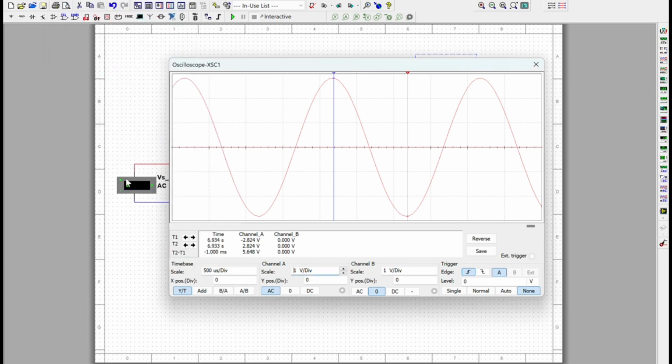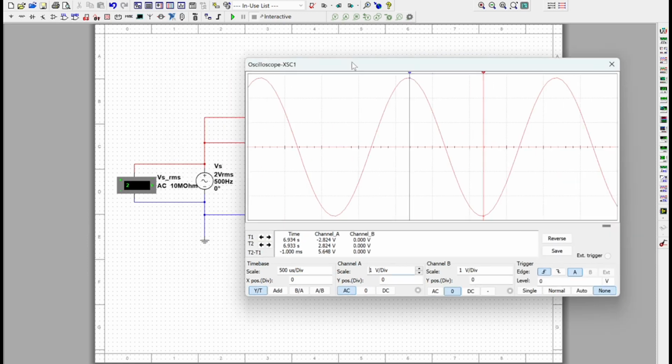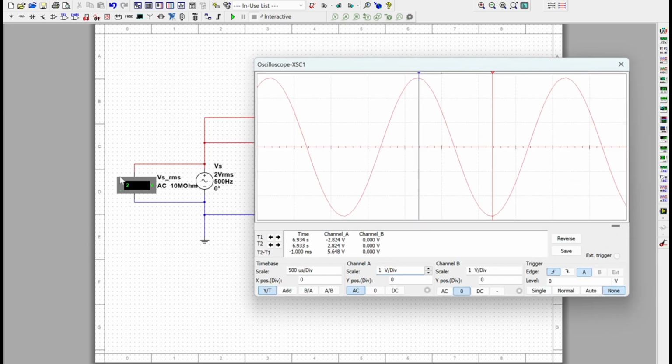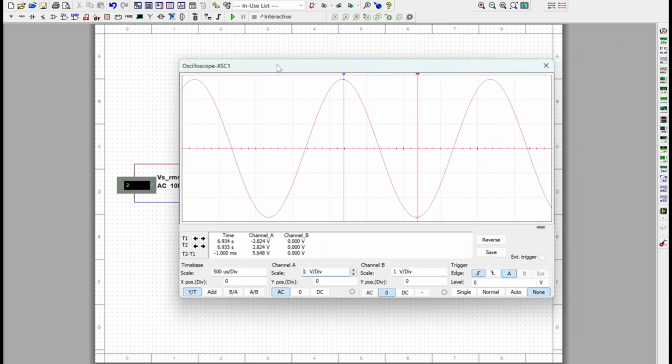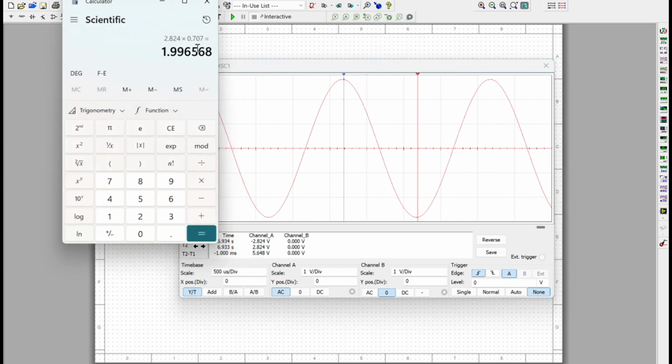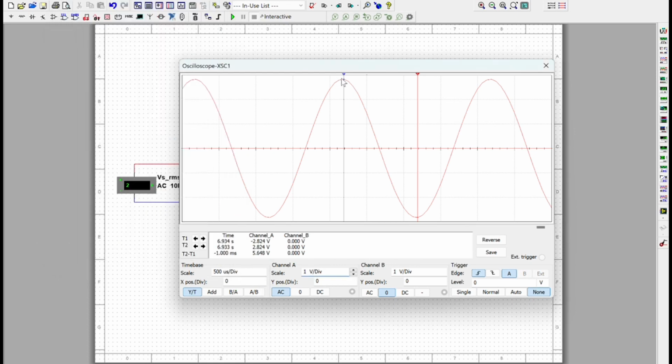And if we look, we have our RMS for our voltage source right here, which is 2 volts, and that is very close. So that is how we find the RMS for this, using our voltage peak to peak, which is 5.648, calculated to find 1.99 volts for RMS.